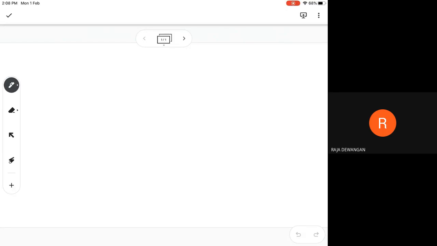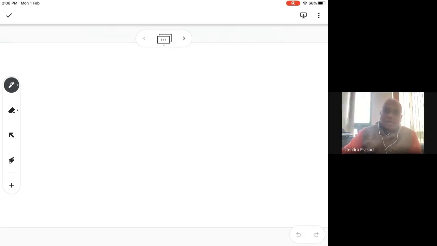Okay. So there was one question regarding how to distinguish between 1D, 2D, 3D. It's very easy basically. It depends on the variables.